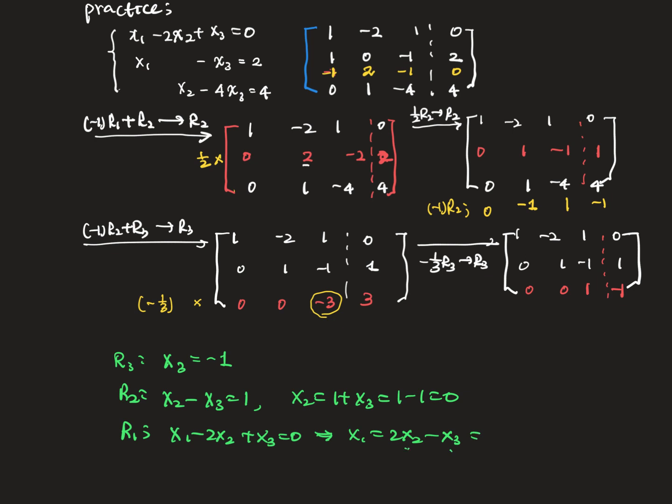X2 is 0, x3 is negative 1, so that's going to be 1. So the solution set is 1, 0, negative 1.